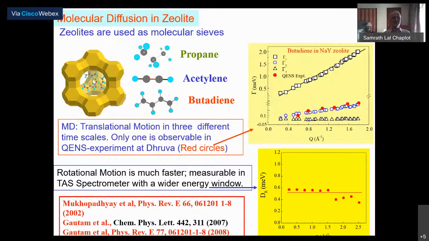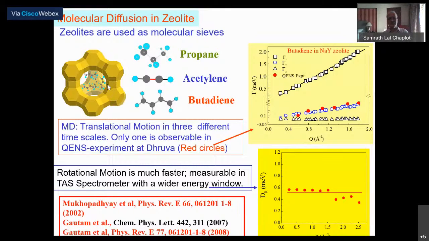And the diffusion is somewhat selective, because you need some compatibility between the size of the molecule and the empty space available. There are a variety of theories. Sometimes you have a resonance effect or otherwise. But in any case, neutrons are ideal probes to study this. And a variety of diffusion processes are possible.